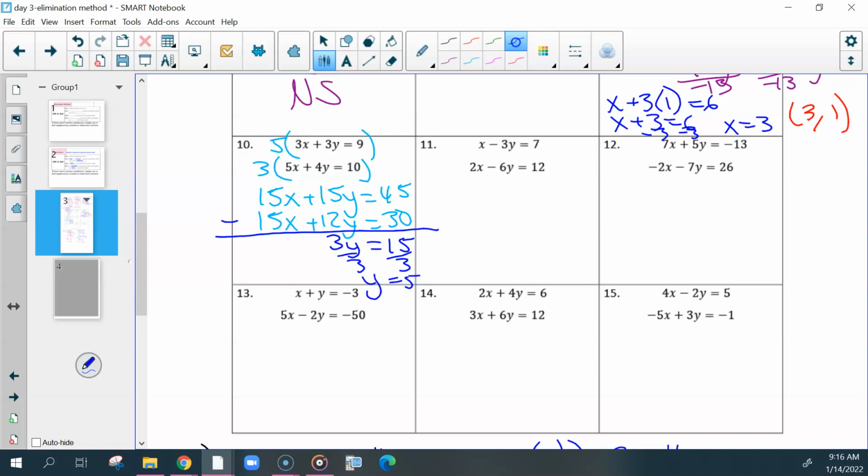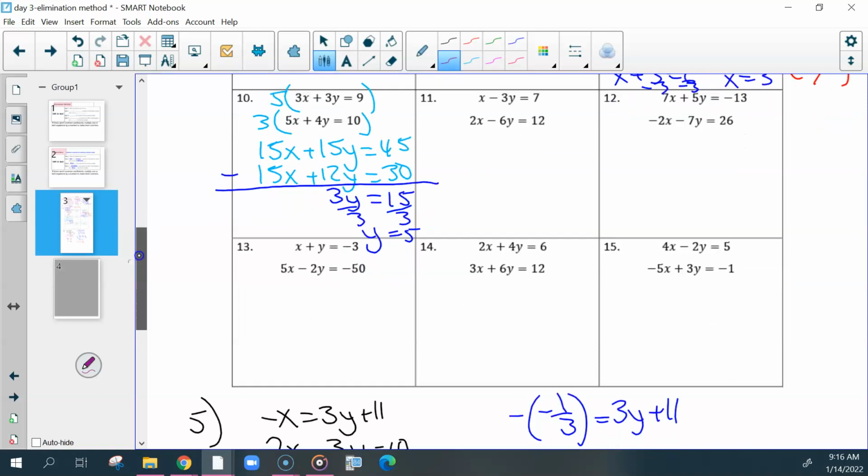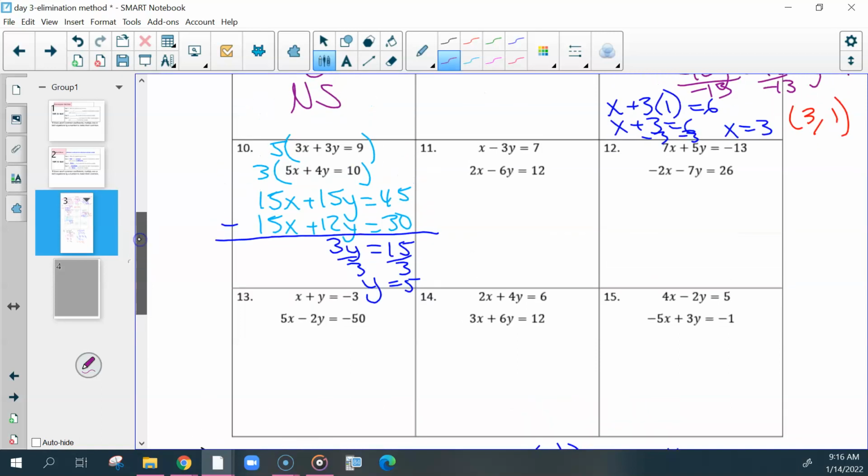So when we get y equals 5, can you put 5 into any of those 4? Into any of the 4. So now you have 4 different choices to put y into. Don't do more than one, but choose one. Doesn't matter which one. Let's say I go with this first one, and I don't really have space, so I'm going to do this off to the side.